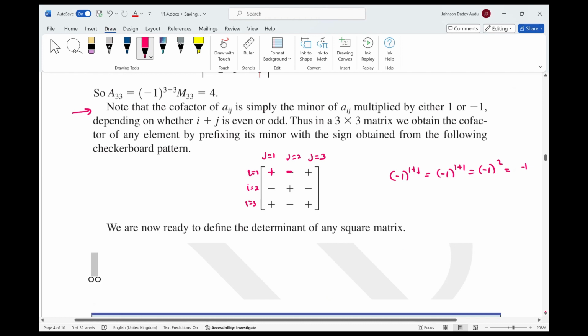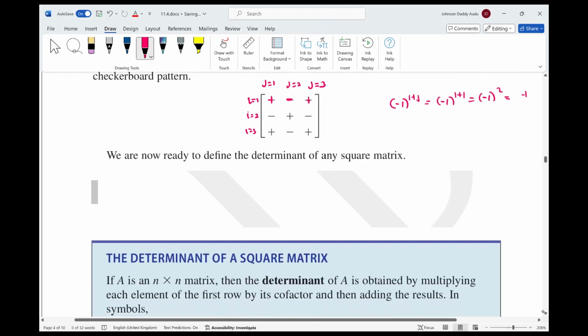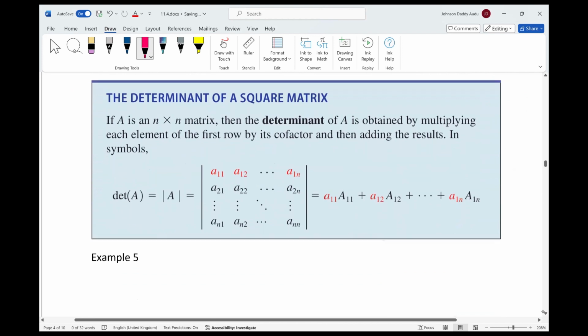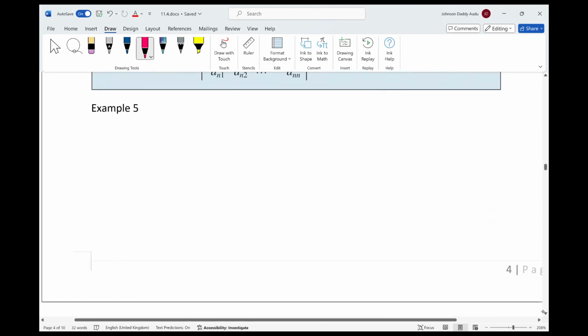This is 3 plus 1, which is even, so it's going to be positive. So this is how the signs alternate, depending on the position of the element. This is helpful when you want to find the determinant of a 3 by 3 matrix or of any size. You can just apply that directly.